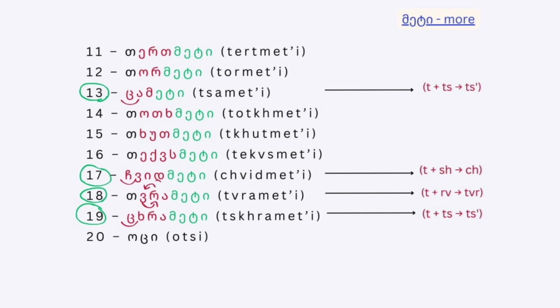About 17, what is happening is that we had 2 and shu, because 7 is shvidi, but instead of saying shvidmeti, we say chvidmeti. It's a language, it's changing, it's getting more comfortable, I hope, so it has to work for people. Easier to say chvidmeti instead of shvidmeti. Then we have 18. Normally 8 is rva, but when we say 18, it becomes tvrameti.